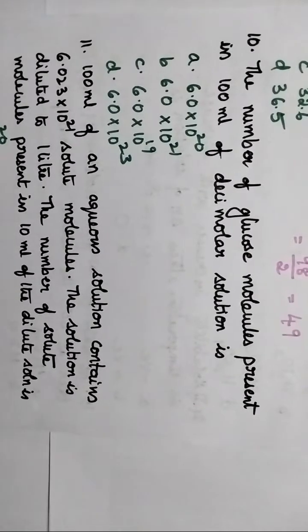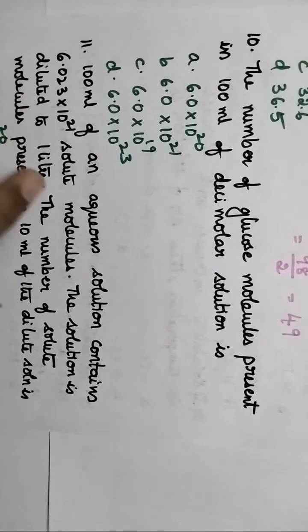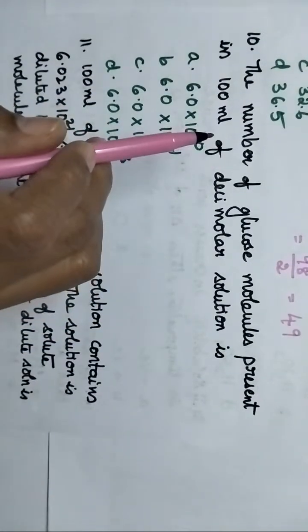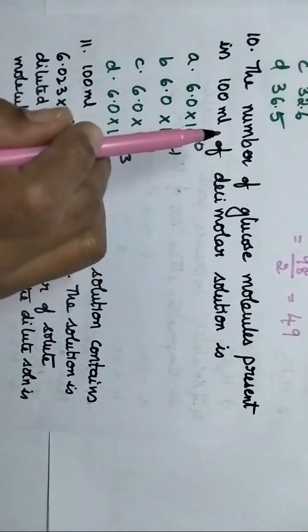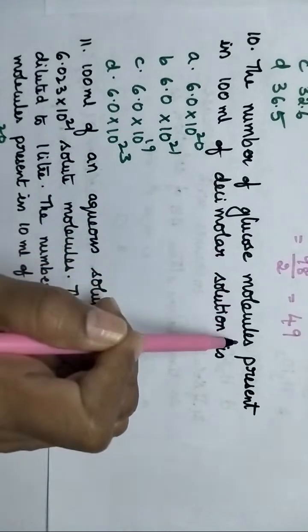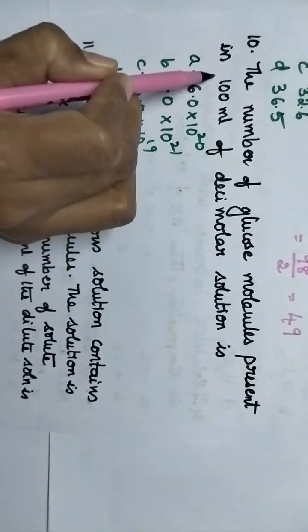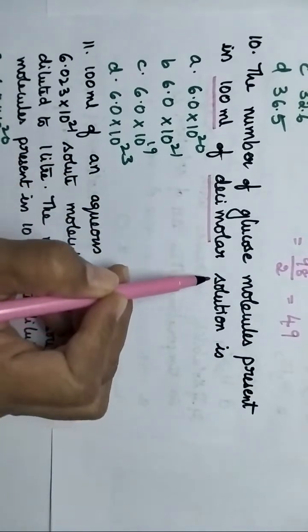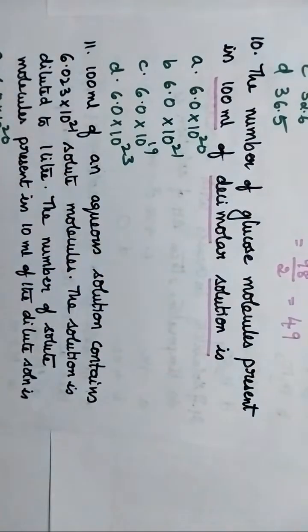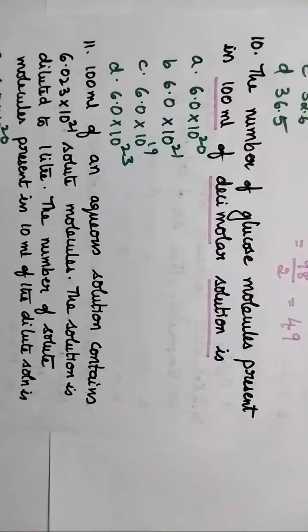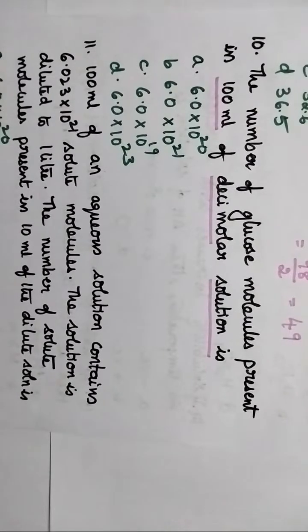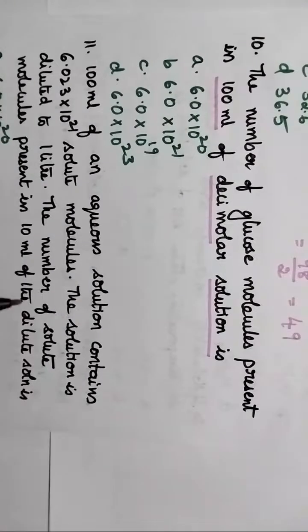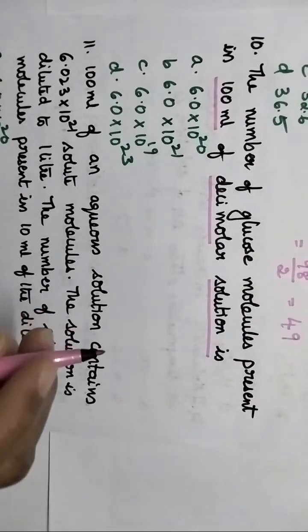Next, let me discuss the 10th question. Each and every question is interesting and you just listen to me carefully. The number of glucose molecules present in 100 ml of decimolar solution. No one is giving the right answer.